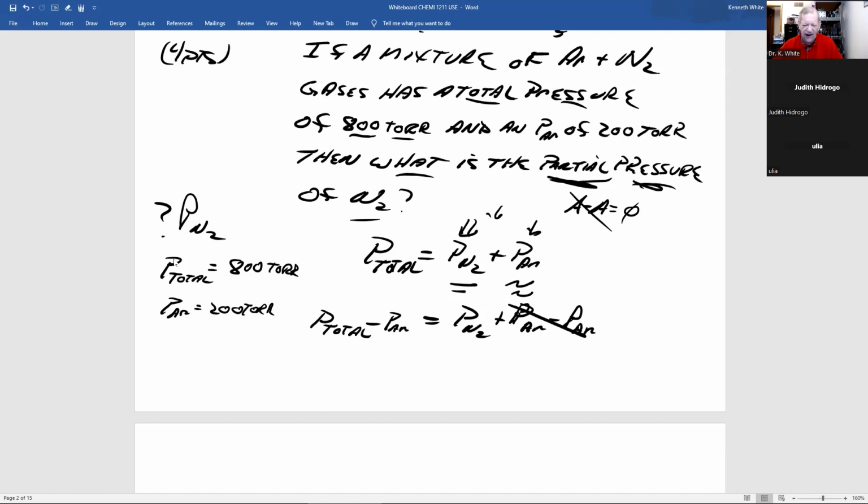This cancels out. So I have partial pressure of nitrogen equals P total minus the partial pressure of argon. Now I'm going to rewrite it because I like to do this. You don't have to. All I'm doing is rewriting it this way. It's the same thing.